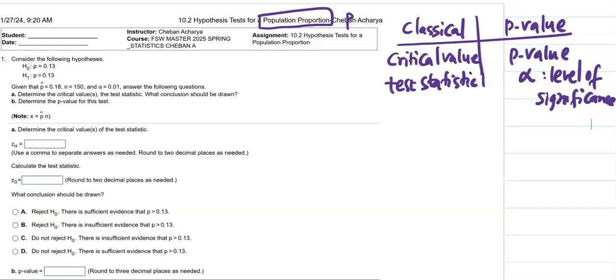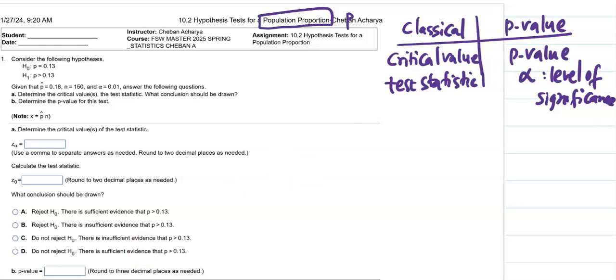So again, if you test a hypothesis by using the classical method, we need the critical value and the test statistic. I'm going to show you how to find those in these questions. And for the p-value method, we need the p-value and the alpha. Again, I'm going to show you that as well.